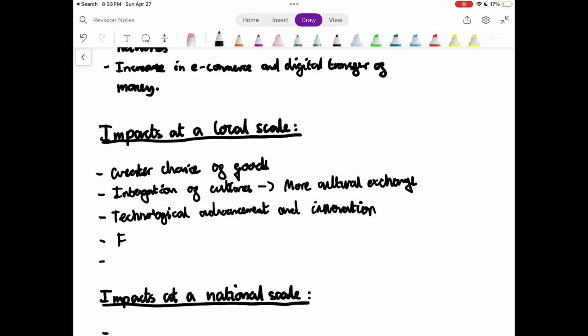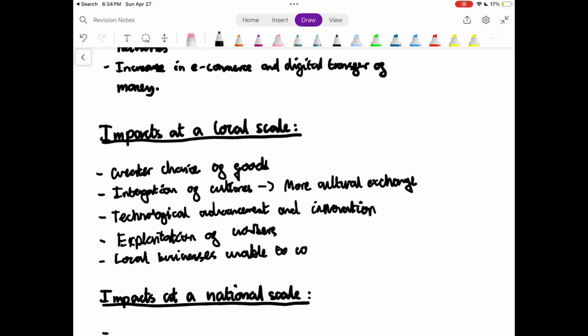It also leads to the exploitation of workers. And finally, it can also lead to local businesses unable to compete with TNCs.